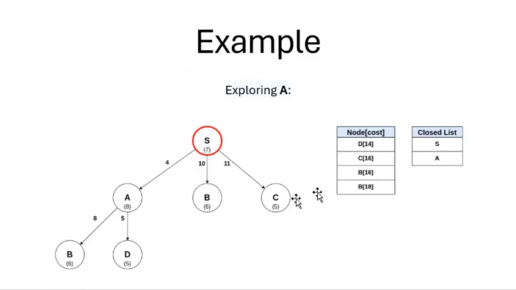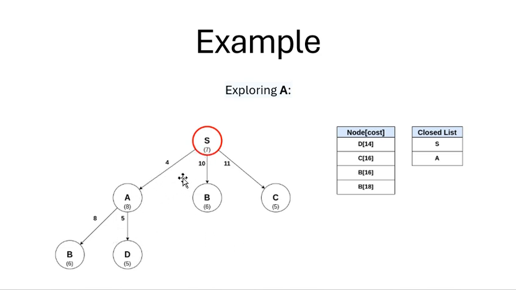So from A to B, it makes a total cost of 18, and from A to D a total cost of 14. Now how are these costs calculated? Just remember that we have to include the previous edge costs as well.